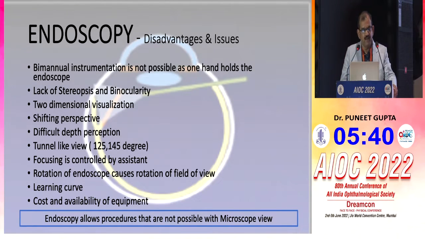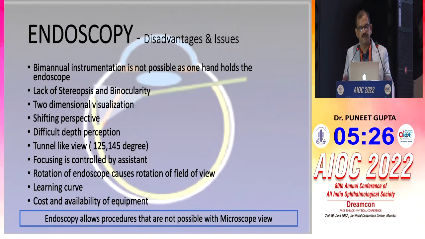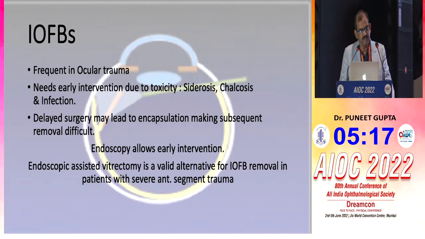Rotation of the endoscope causes rotation of the field of view, and there is a definite learning curve with this procedure. Cost and availability of equipment is also an issue. But endoscopy allows procedures that were not possible with the microscopic view, so that is a major advantage in spite of all these disadvantages.